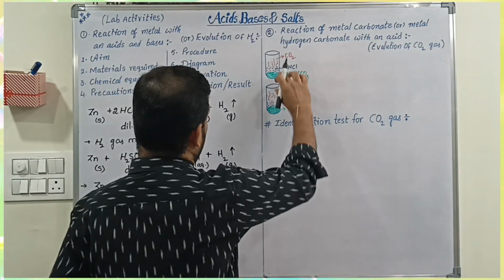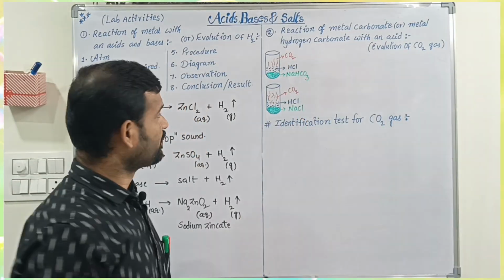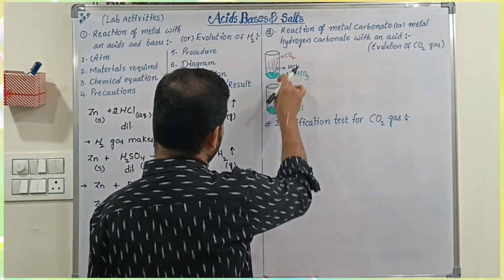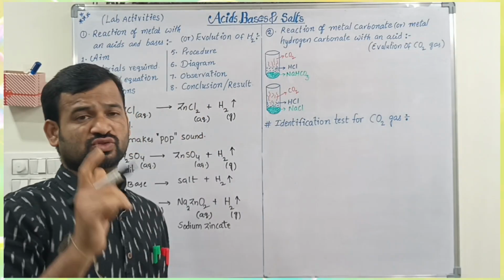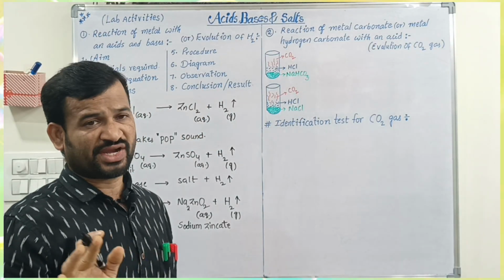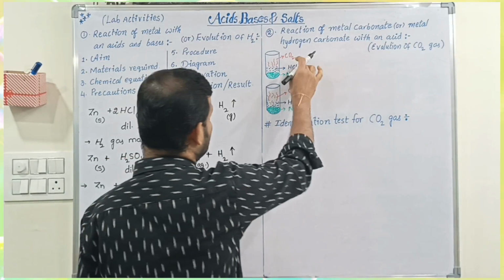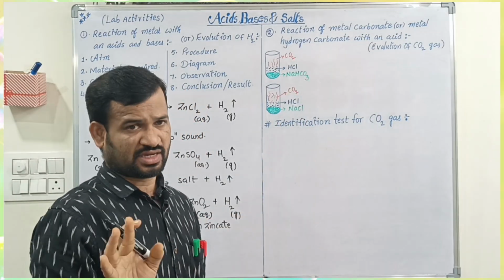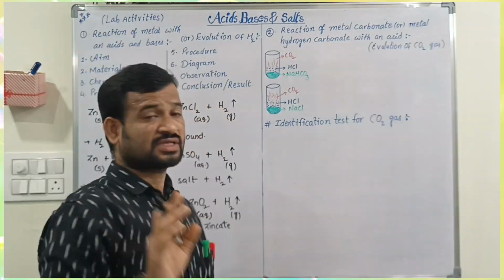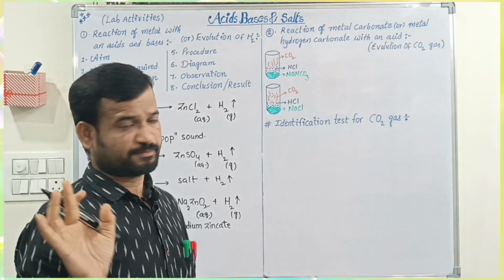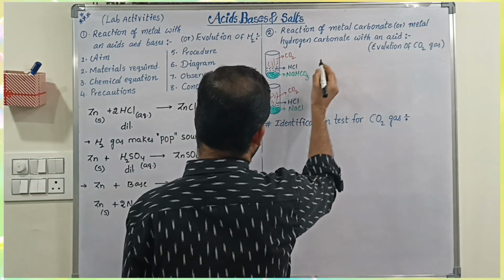Here I have taken 2 test tubes separately. In the first test tube I have taken sodium bicarbonate, which is nothing but sodium hydrogen carbonate salt, and I have added hydrochloric acid. So, then what will happen? CO2 gas will be liberated. Understand? So, what is the chemical equation?